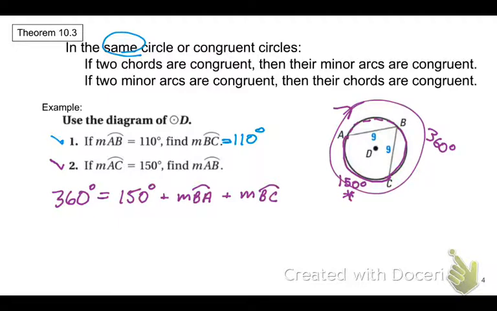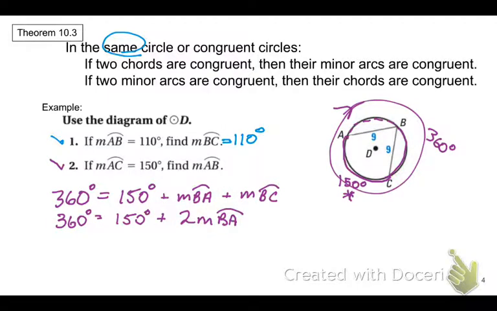Because these two chords are congruent, their minor arcs are congruent, so we can rewrite this equation as 150 degrees plus 2 times the measure of arc AB.